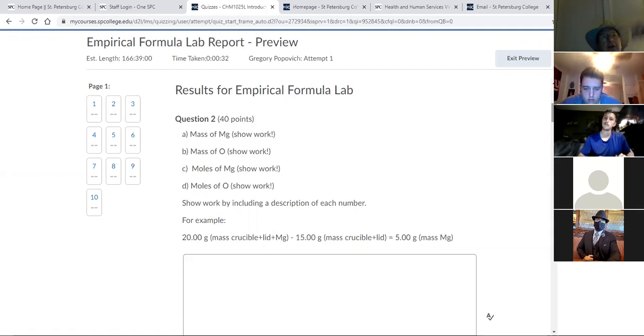The first is just a crucible. Second is crucible and magnesium. Third is crucible and product. You have to show me how you got the mass of your magnesium and the mass of the oxygen. Then you turn the mass of magnesium into moles, and the mass of oxygen into moles of oxygen. Any questions about this one?